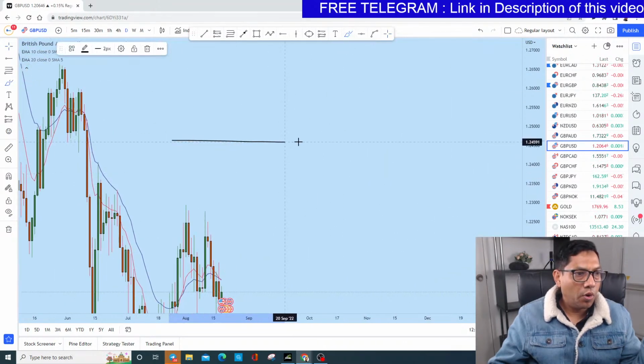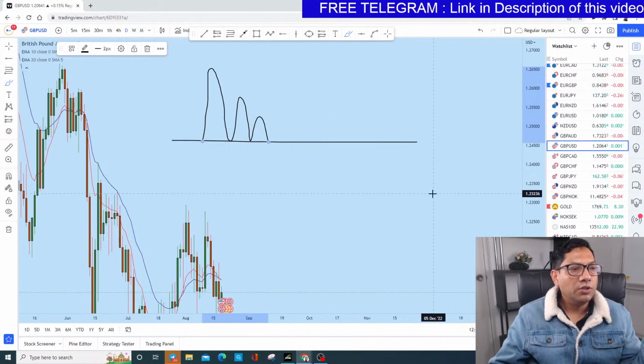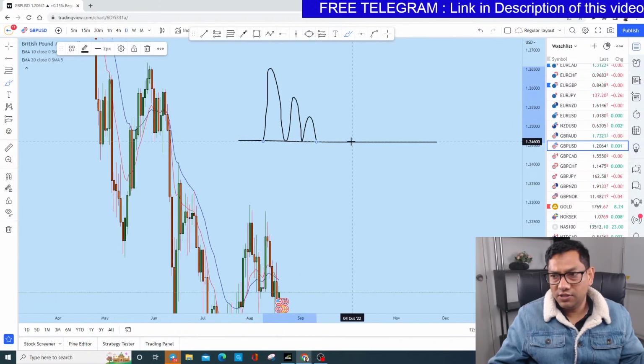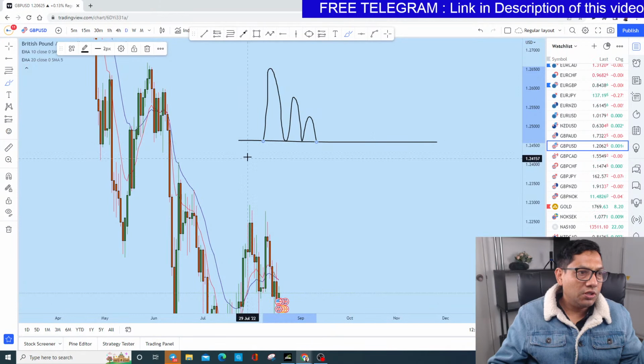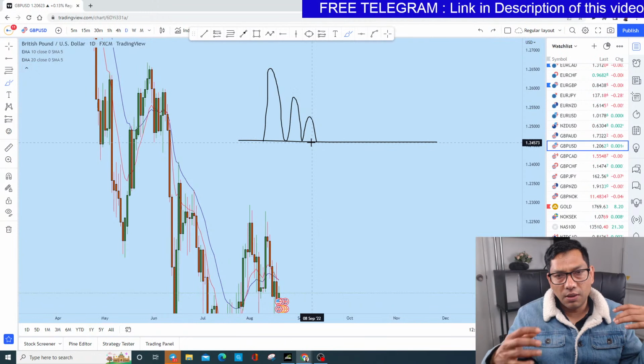Let's say a support. Once the price came here, bounced, came back down, bounced, came back down, bounced, came back. So what does it mean? This is the main thing that you need to keep in mind when you are trading. It means that after you saw this big bounce, every time the price falls back to this demand zone, the buyers are getting weaker and weaker.